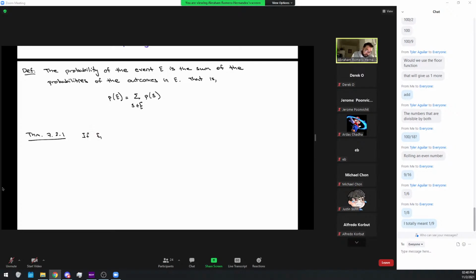If E sub 1, E sub 2, and so on, an infinite amount, is a sequence of pairwise disjoint events, meaning they have nothing in common, in a sample space S, then the probability of the union, starting at 1, of E sub i is equal to the summation, with i starting at 1, of P of E sub i.